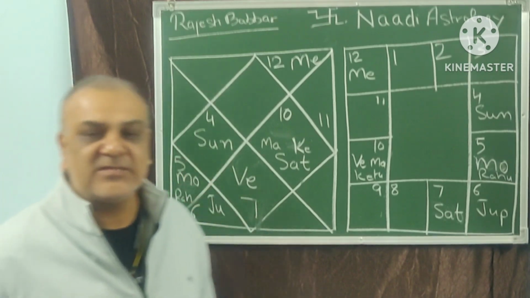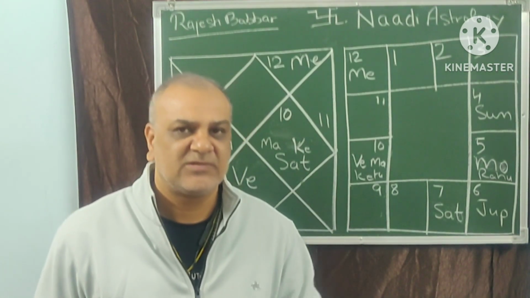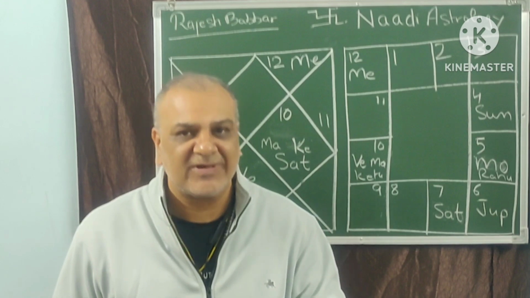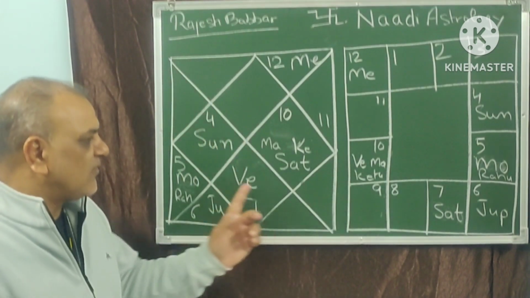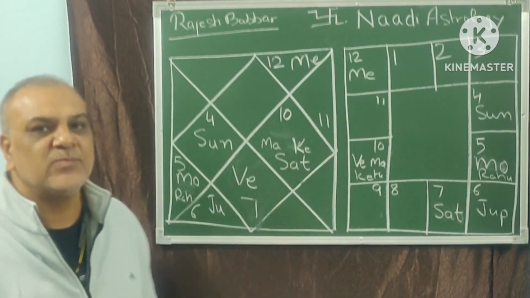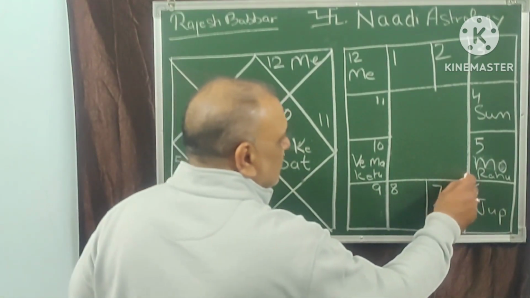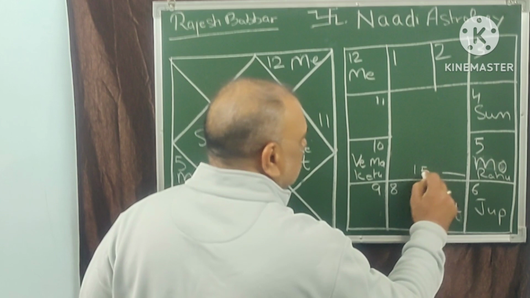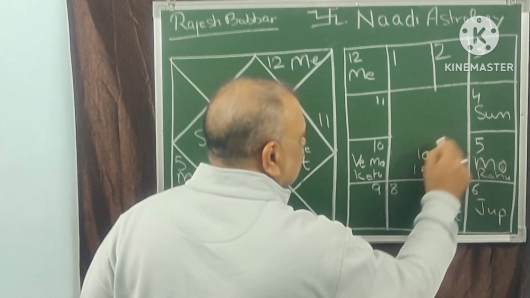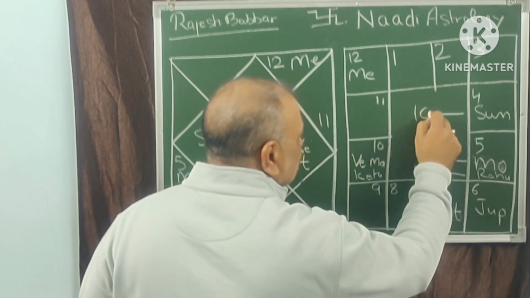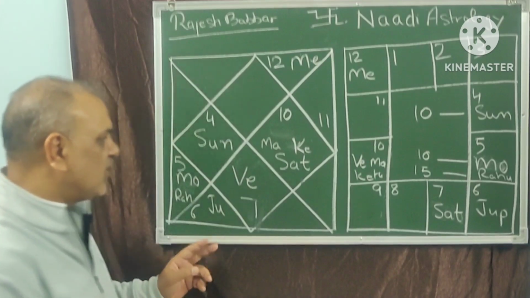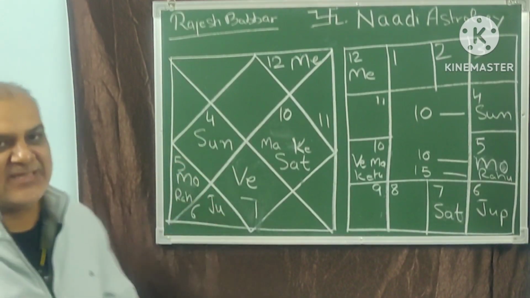So now this law of exchange is very important here. You need to understand this concept. What will happen if Rahu has more degrees than Moon? Let's say Rahu is at 15 degrees, Moon is at 10 degrees, Sun is also at 10 degrees.